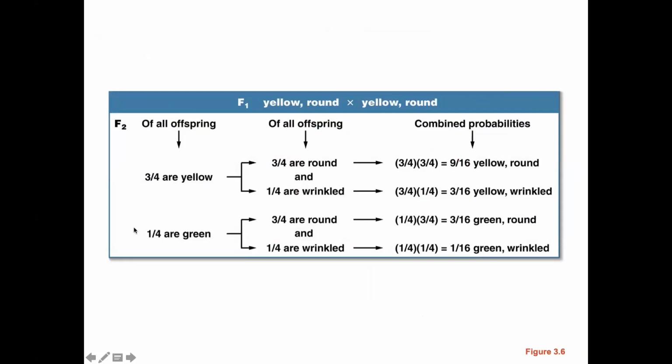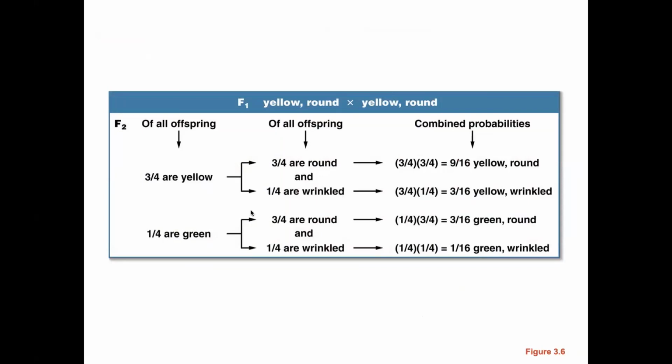And of those that are green, the 1/4 of the plants that produce green seeds, they segregate 3-to-1 for round to wrinkled. That is because of independent assortment, or that's what Mendel concluded. So what we're doing here is giving you a prelude to a tool used by geneticists to predict outcomes of crosses when you have independent assortment, something called a branch diagram. But we'll talk more about that later.